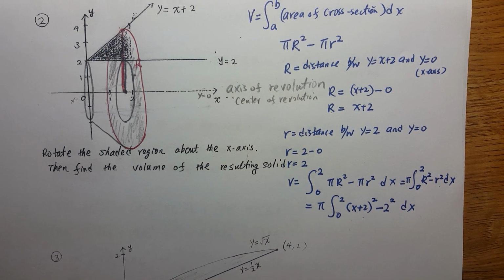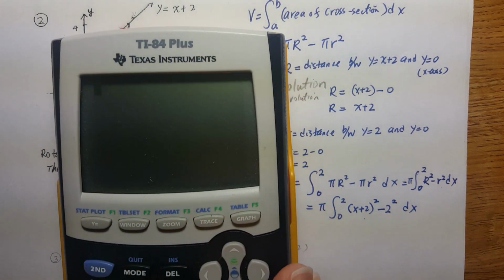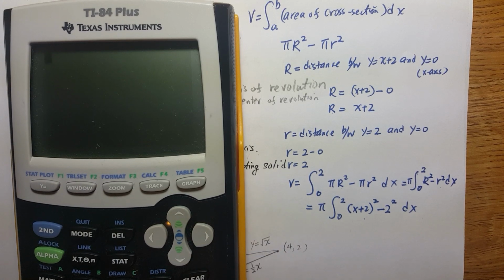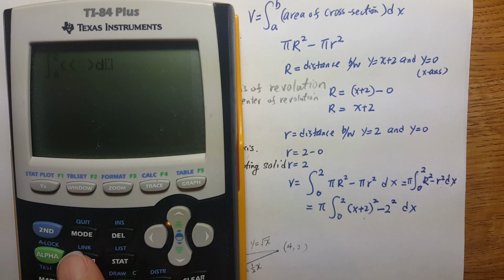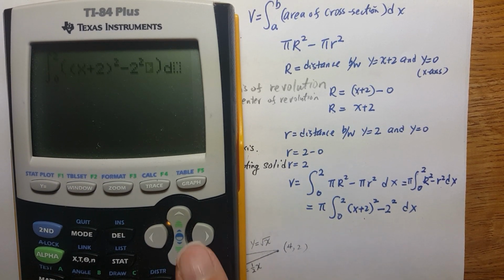Now the next step, all I have to do is type it into the calculator, then you will get the answer. If you want, you can do it by hand, that's your choice. So I'm going to press math 9, 0 to 2, and parentheses x plus 2, the whole thing squared, minus 2 squared, and then dx.